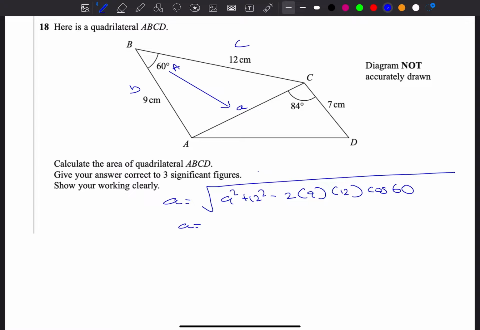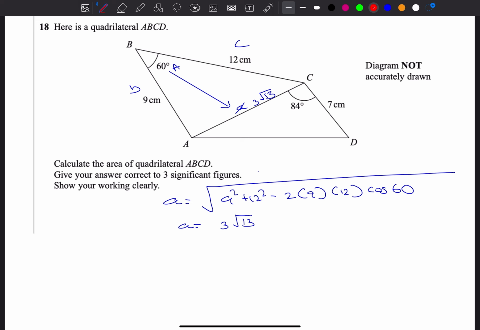You should know the formulas inside out. That is 3 root 13, it gives you exactly. Alright, 3 root 13. That's good enough.